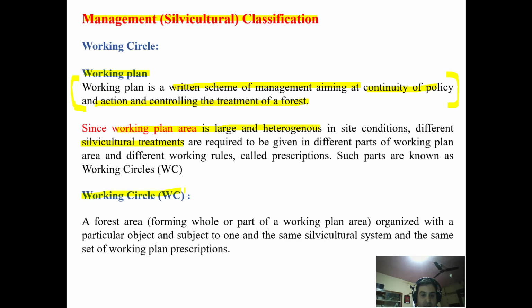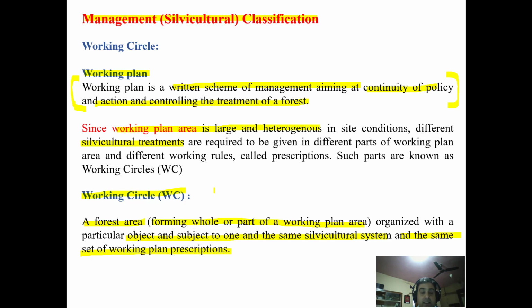Now, what is a working circle? A working circle is a forest area which may form part or whole of a working plan area, organized with a particular object and subject to one and the same silvicultural system and the same set of working plan prescriptions. Like in Kashmir, we have three working circles: south working circle, central working circle, and north working circle.